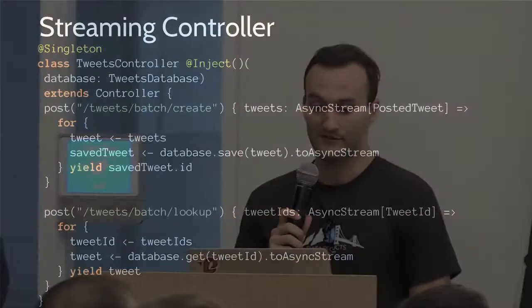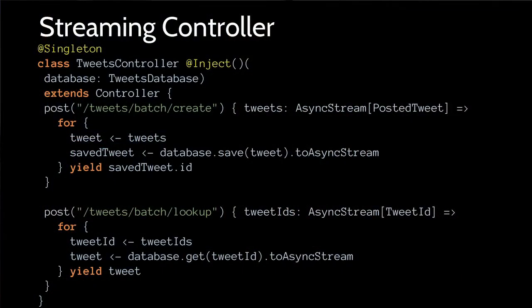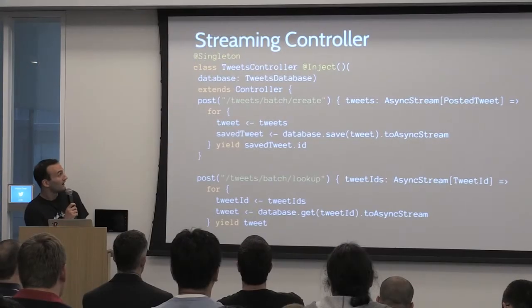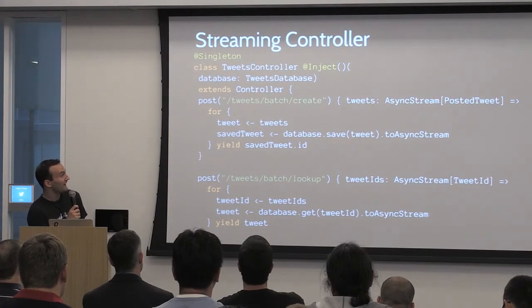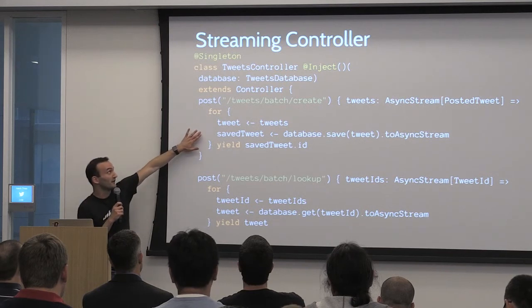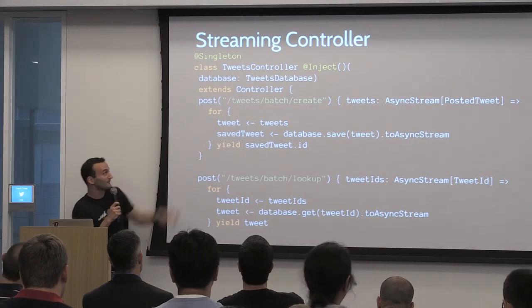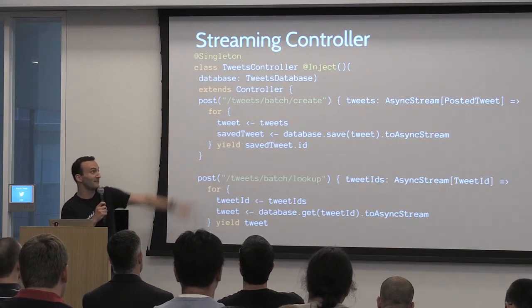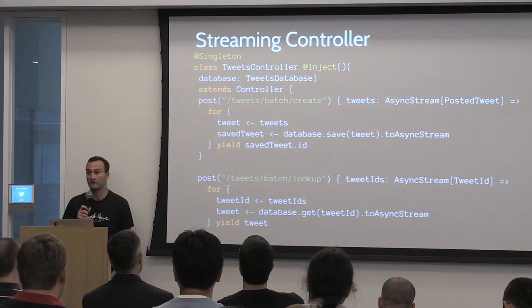So the way that looks is instead of a sequence of tweets, you'll now see there is an AsyncStream of tweets. Notice that now that we have the tweets, we can for-comprehend over the tweets. So for each tweet, we can call the database save method. That save method returns a future.